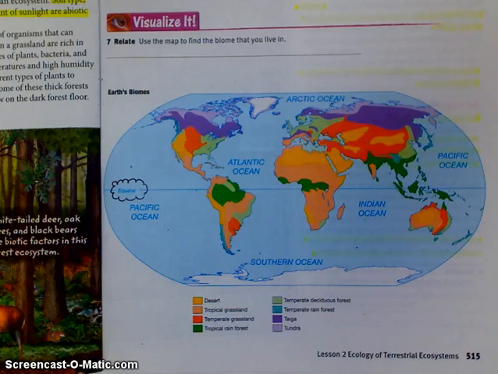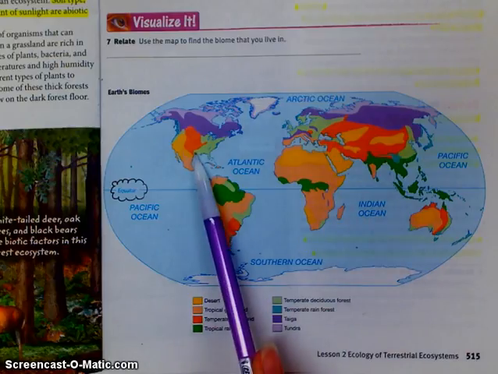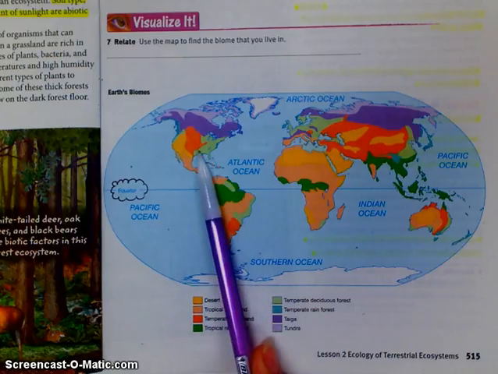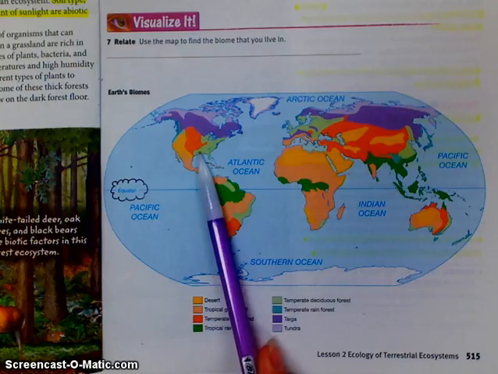Number 7 says, use the map to find the biome that you live in. Well, we're in Central Texas, and we are kind of on the edge, close to being in a temperate grassland or temperate deciduous forest. If you go to East Texas, you know it's a forest area.